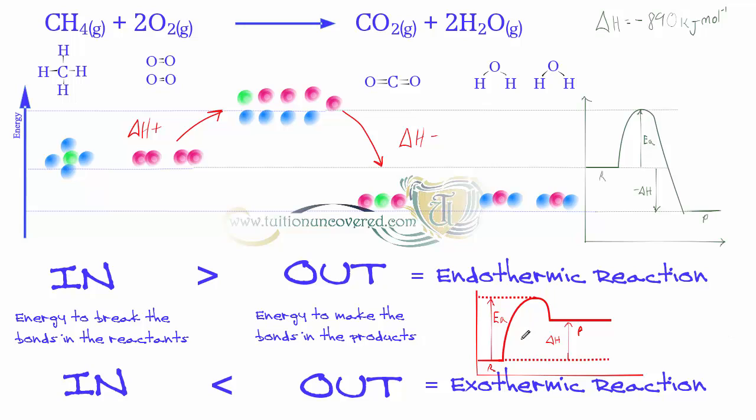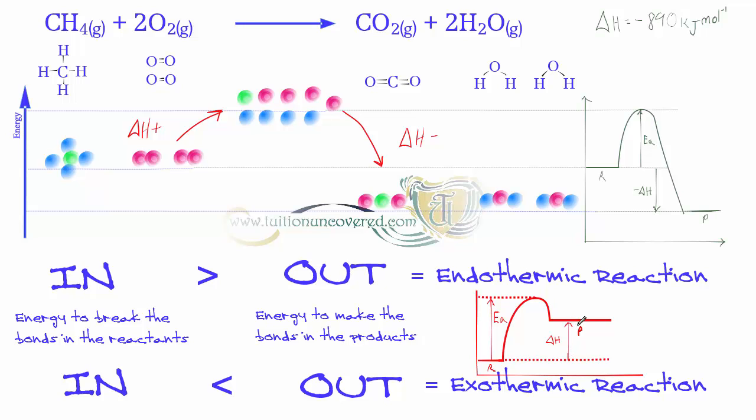So we see here, energy's gone in, the activation energy to break the bonds in the reactants, then some energy got released when reforming the bonds of the products. Overall, the products ended up with more energy than the reactants. The delta H was positive, as illustrated here.